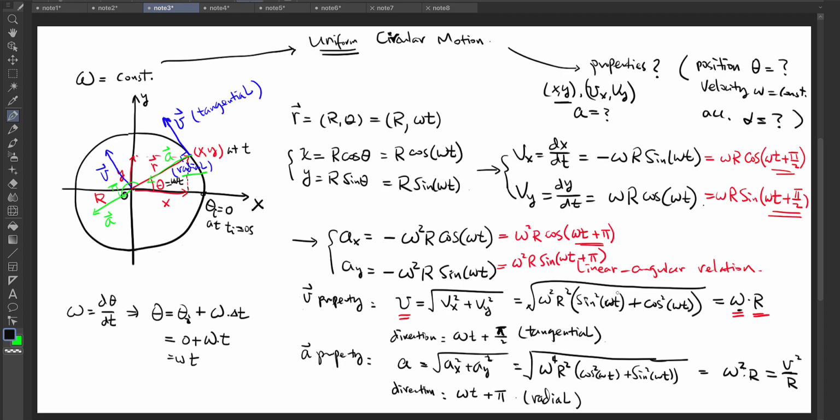All right, so that's the uniform circular motion. We discuss it in terms of both linear quantities and angular quantities. Now before I end this discussion for the circular motion, I want to mention this again, the linear angular relation.